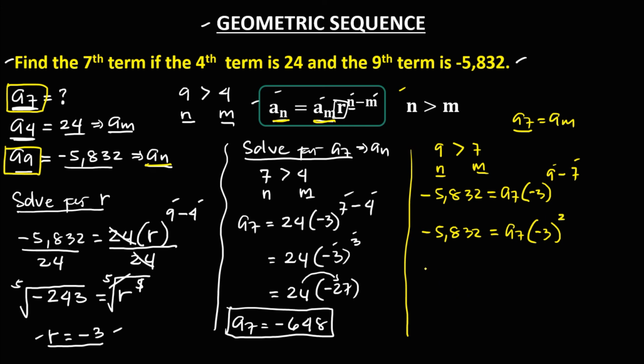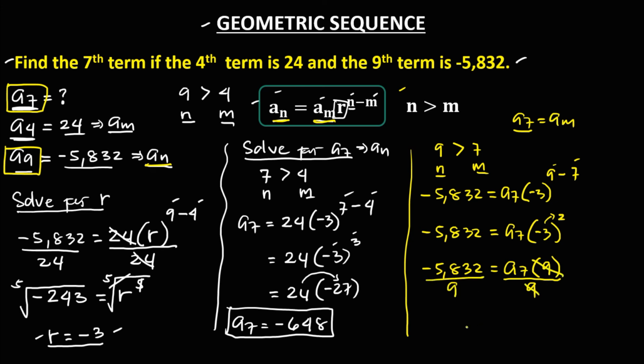Simplifying, negative 5,832 equals a sub 7 times negative 3 to the power 2, that's positive 9. To find the seventh term, a sub 7, divide both sides by positive 9.